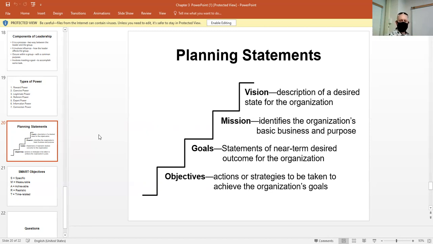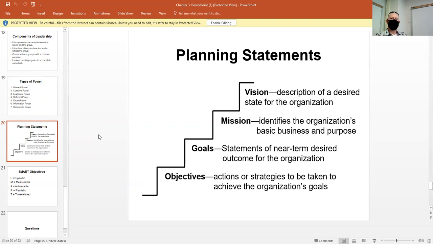Goals, statements of near-term desired outcomes for the organization. Now, these are different from goals and objectives that we give to recreation therapy clients, but same thing. The goals are near-term desired outcomes for the organization, and objectives are the actions or strategies, which are steps, just like when we're working with our patients, that have to be taken to get to the goals.